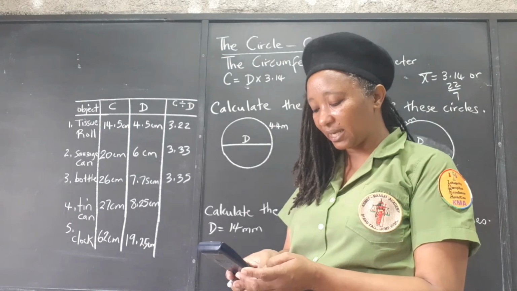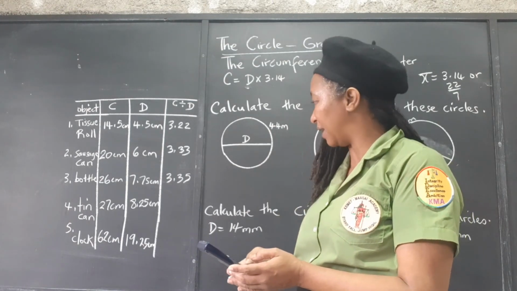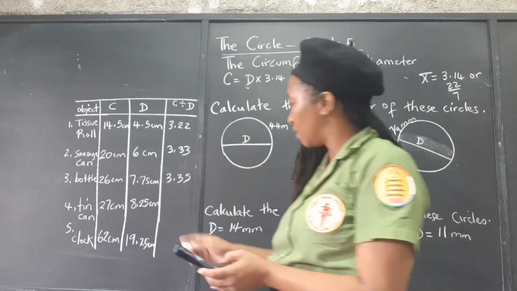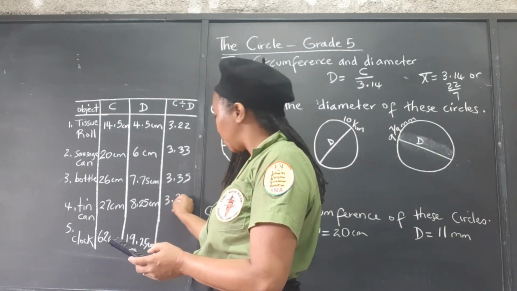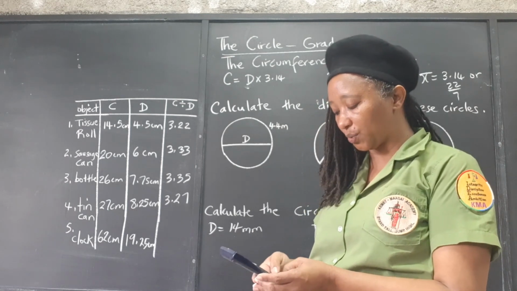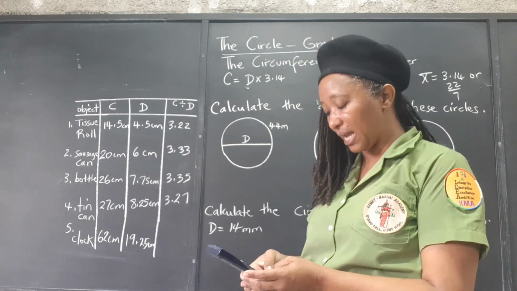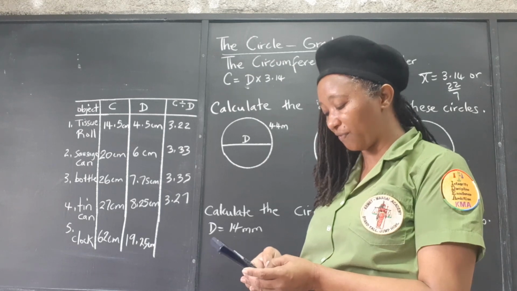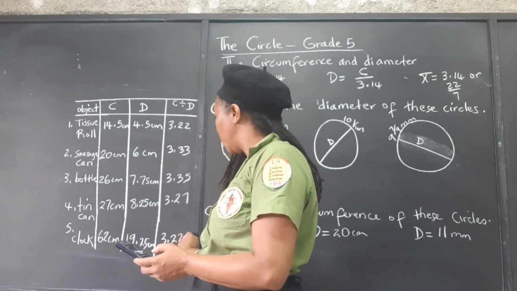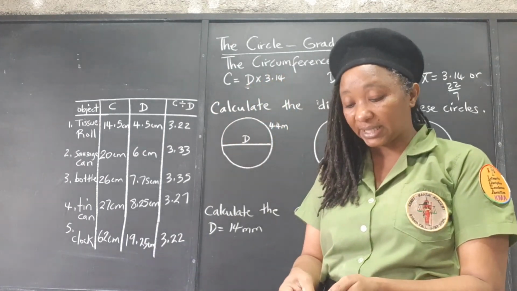The tin can, the circumference 27 divided by 8.25, 3.27. And the clock, 62 divided by 19.25, 3.22.